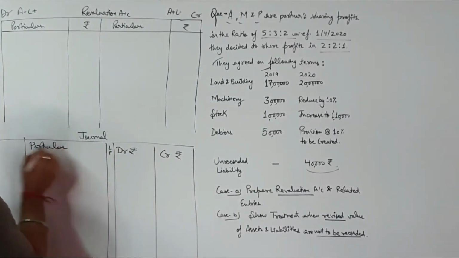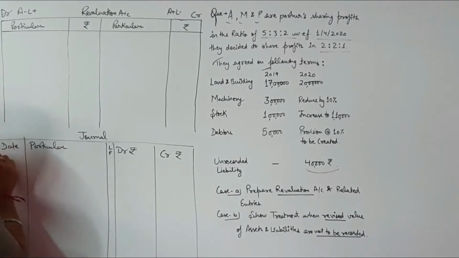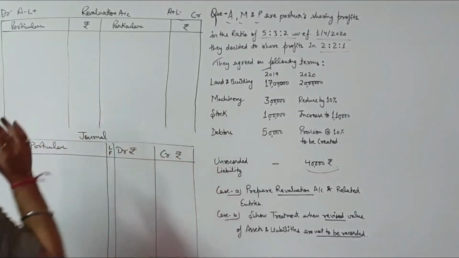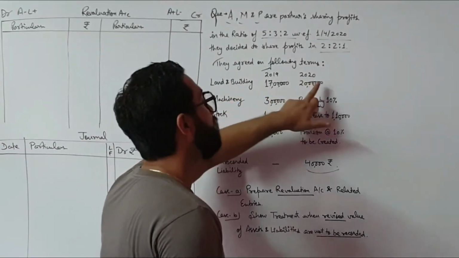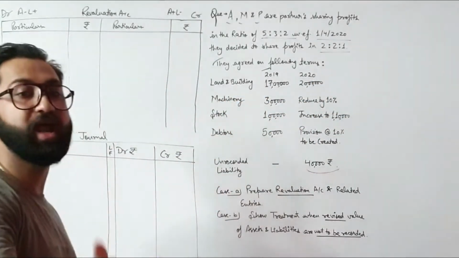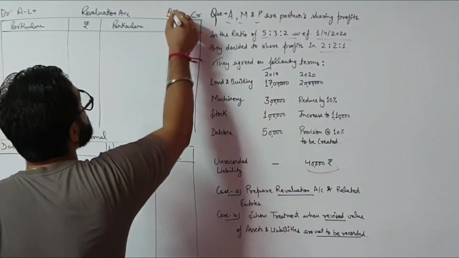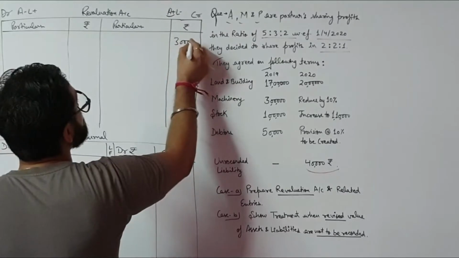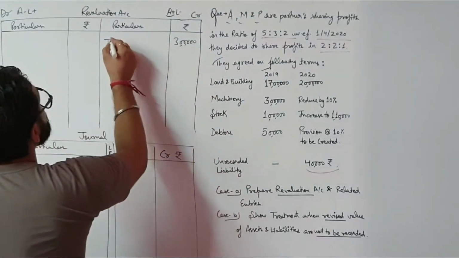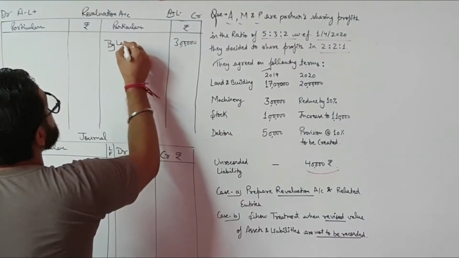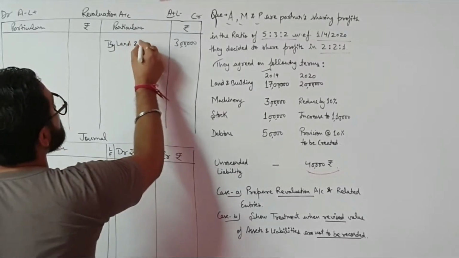Now the format is ready, so let us start. Land and building was 17 lakh, now it is 20 lakh, means 3 lakh rupees have been appreciated. So the value of the asset has increased by 3 lakh rupees, so here we will write By Land and Building.